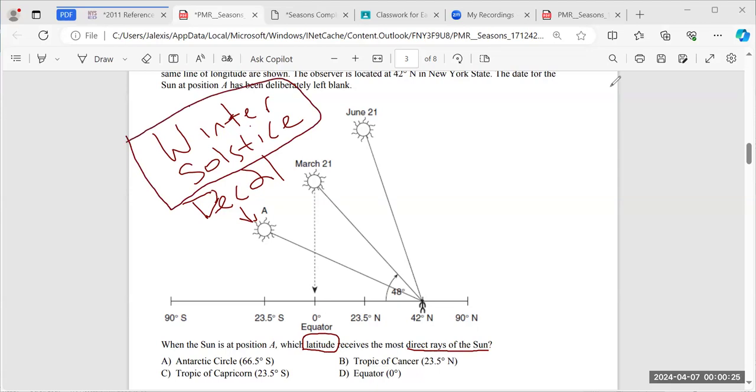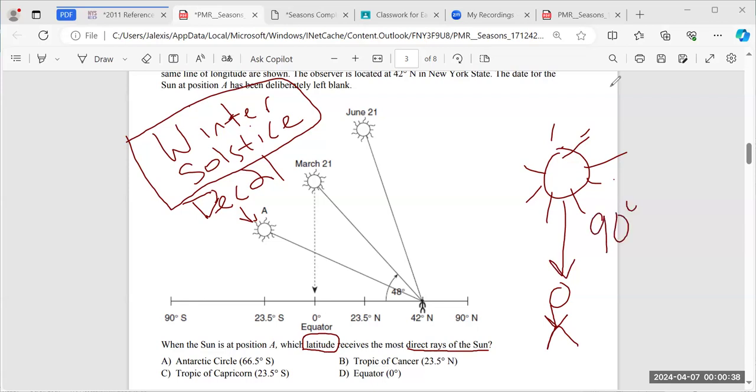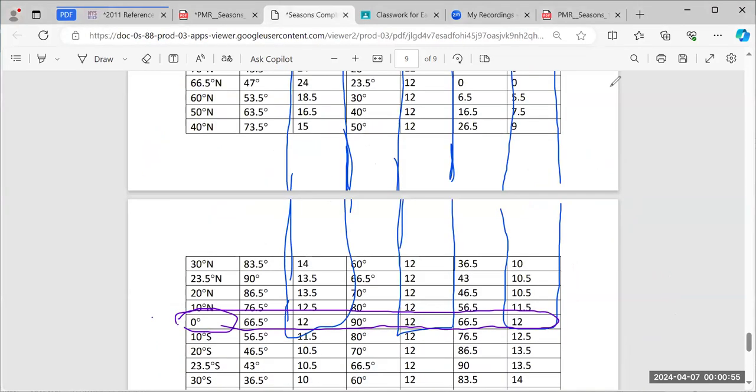When we say direct rays, we're saying that the sun is at a 90-degree angle from an observer at solar noon, at this latitude. But we don't know what this latitude is. That's what we're going to find out. We know A is at the winter solstice, so let's look at our notes.